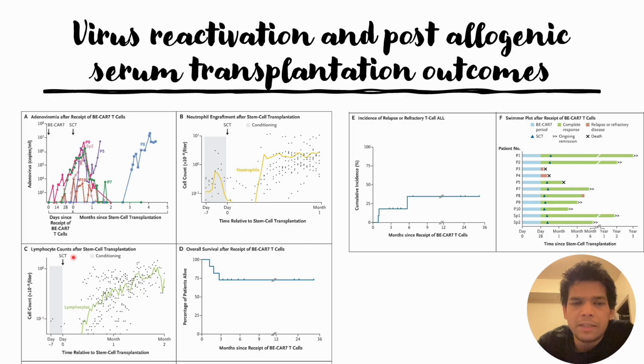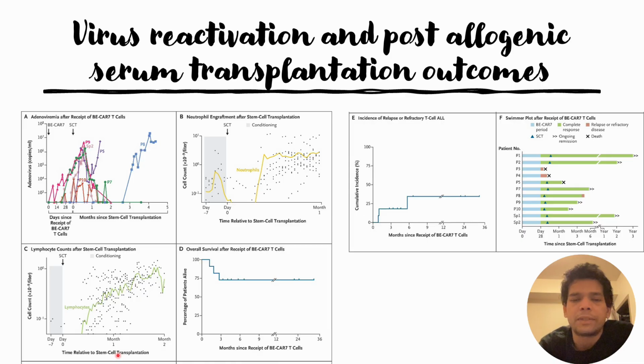And similar results we have seen, there is an increase in the lymphocyte count after stem cell transplantations. So this shows that the patients are able to rebuild the immunity after the transplantation of these stem cells.